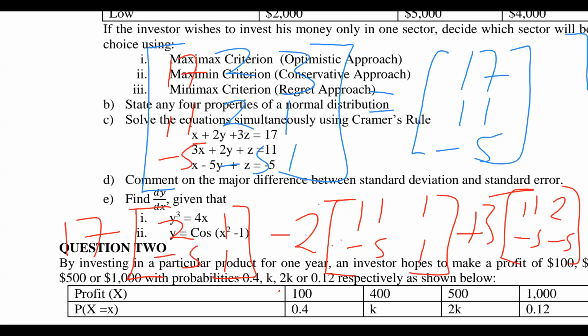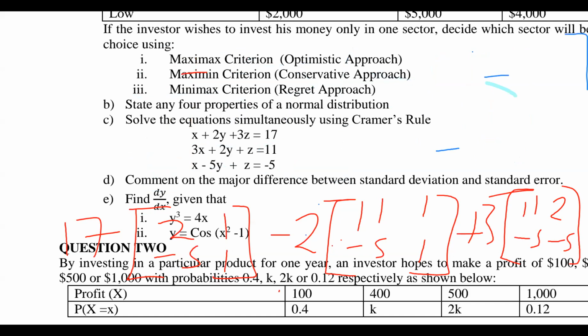Okay, great. So we can move on to the next stage. How do you do it? Find the determinant for X. Don't worry, it shall pay. So it is 17 multiplied by which one? Let's find the determinant. I think we can go direct for the determinant now, the same way. 2 times 1, 2, minus the negative 5 times 1, negative 5.